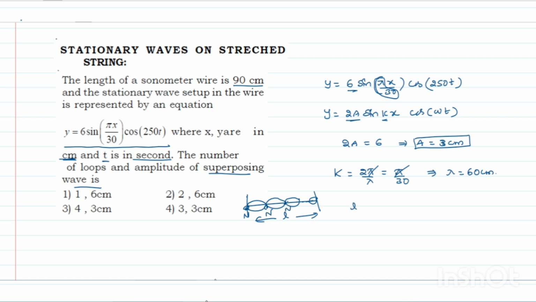So L, the distance between the two points, is lambda by 2 for each segment, and p segments will be there, so L equals p into lambda by 2.